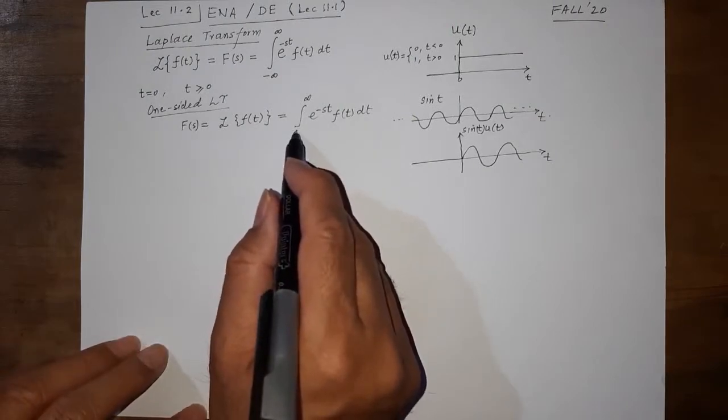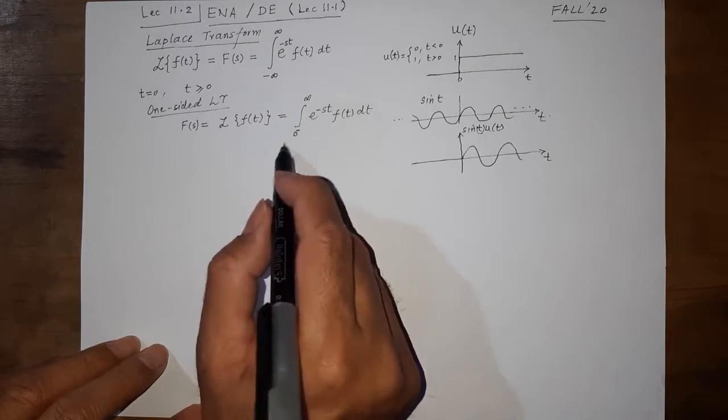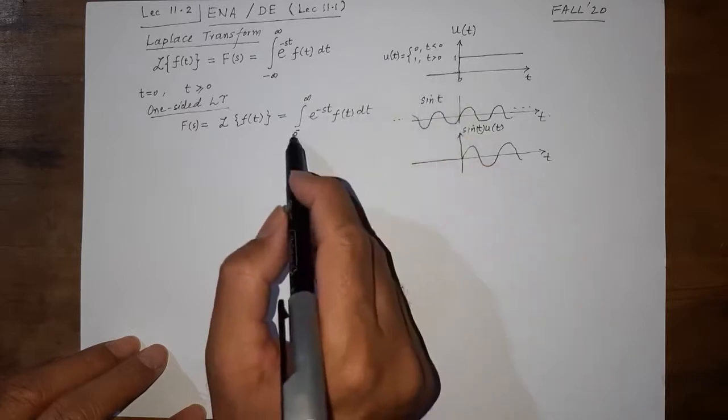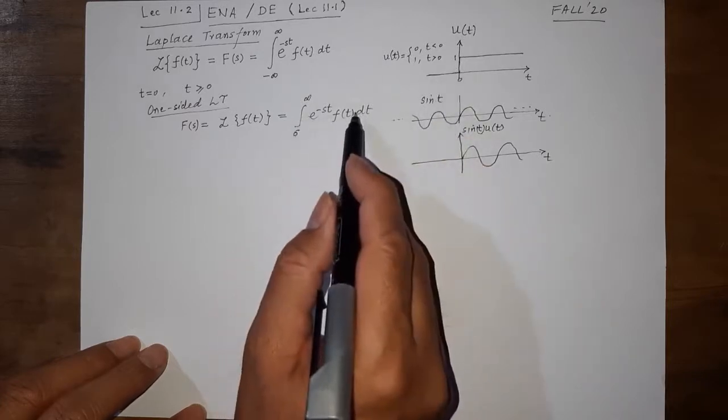Some books define this as 0 minus, just to say that whatever happens at t equal to 0 is also included in this integral.